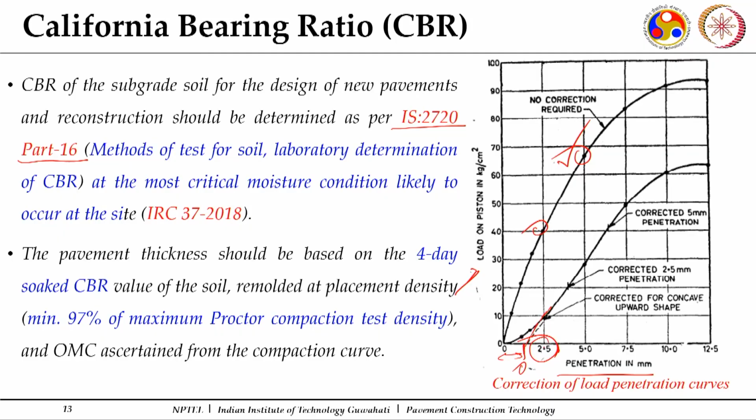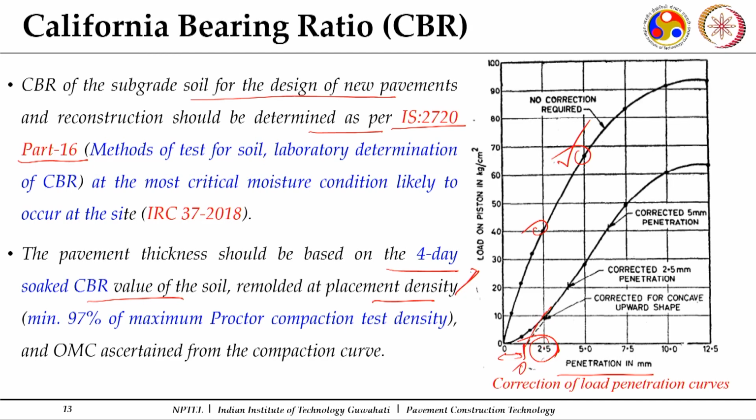Now, this value has to be compared with the load which can be taken by a standard material. It says that the CBR of the subgrade soil is required for the design of new pavements as per this.